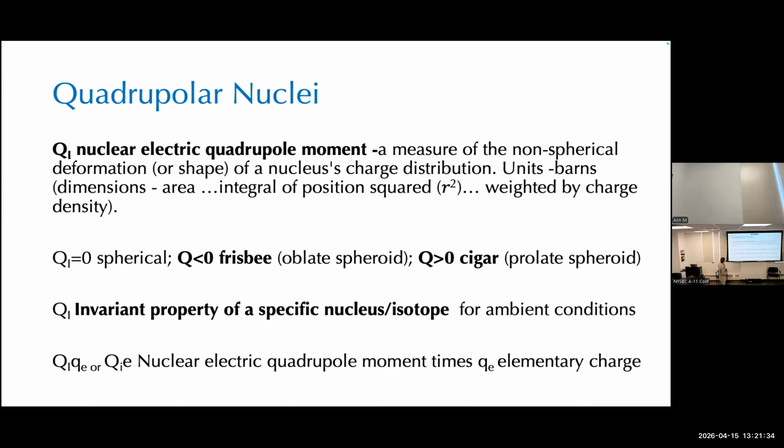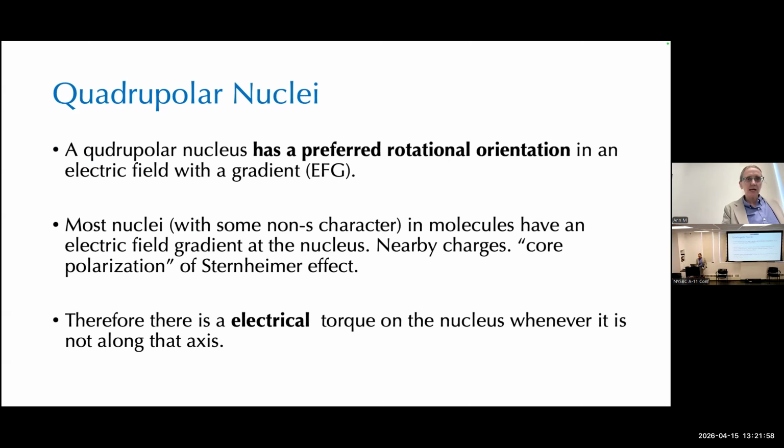So if we scale this by the elementary charge, you have capital Q times little q, or sometimes we say capital Q times little e for the elementary charge, that appears in the energy expression. So scaling it by an elementary charge.